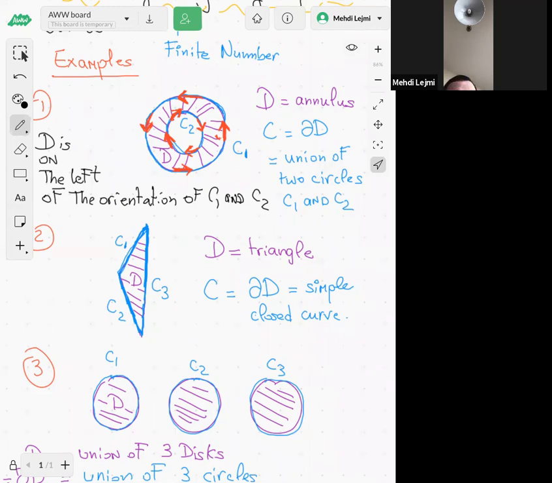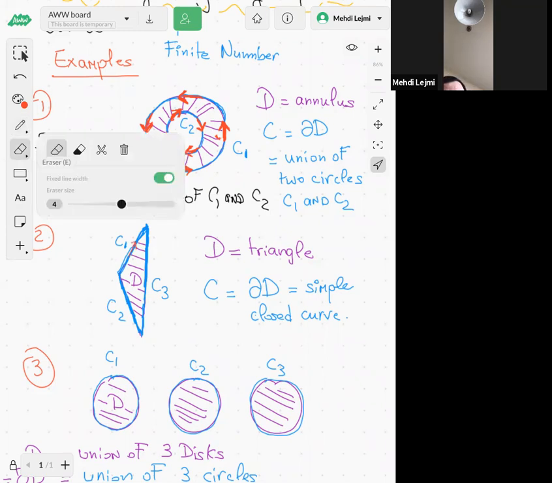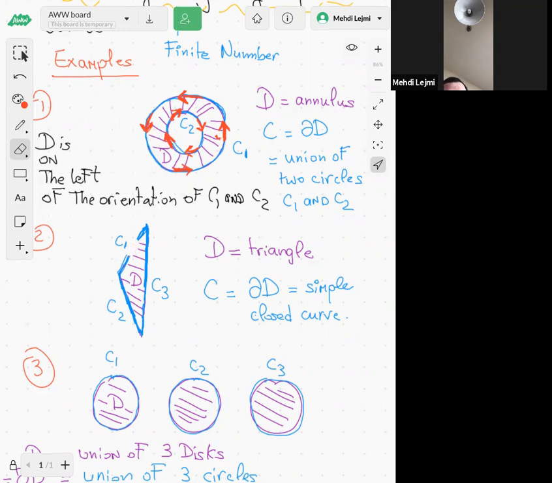Okay, so next, example number 2. I'm going to give an orientation to C1. Of course, there are 2 possible orientations for C1. You can go from here to here, or you can go from the other direction. Now, the question is, which one is required by Green's theorem? The one required by Green's theorem is the one where D is on the left.